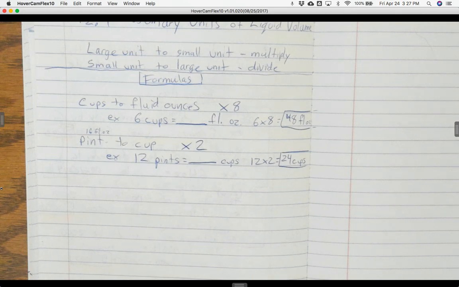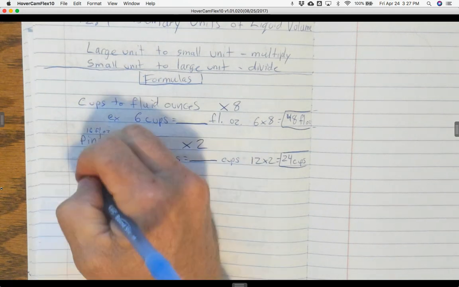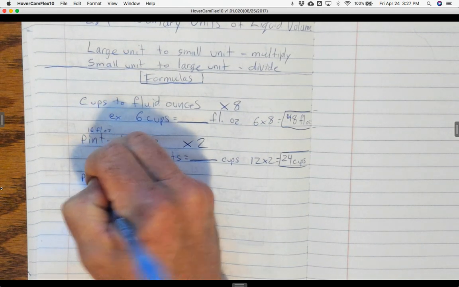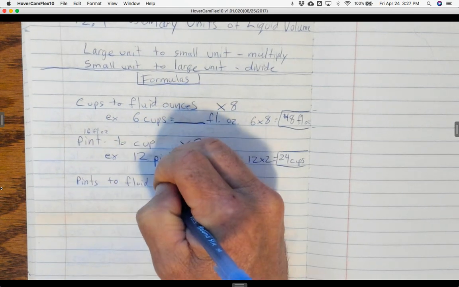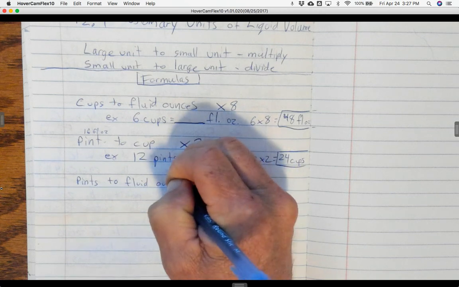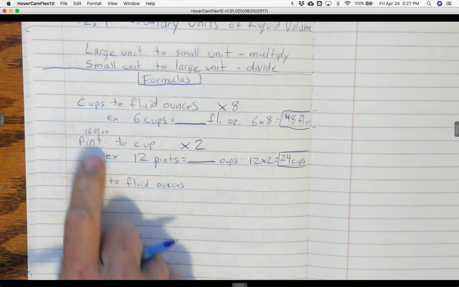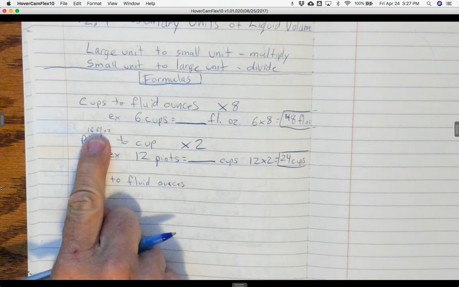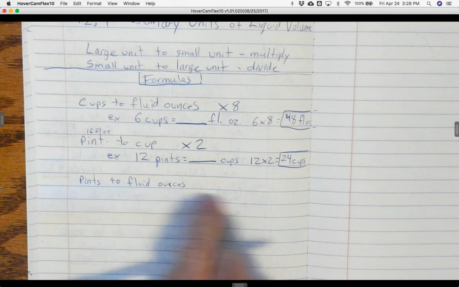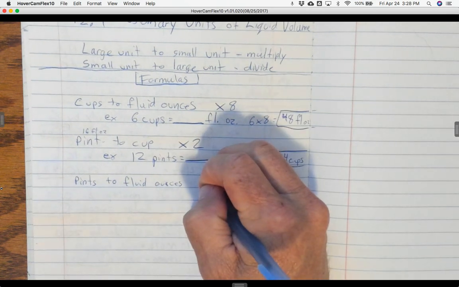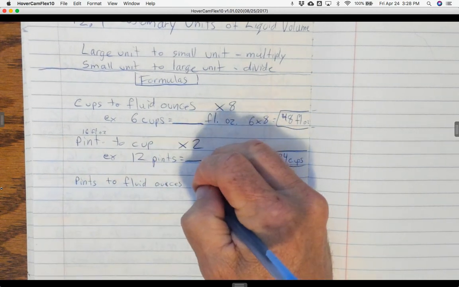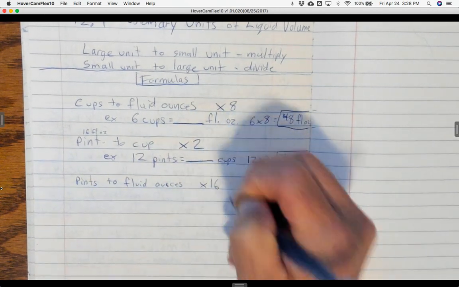Now we're going to move on to pints to fluid ounces. And we talked about just on this last one that a pint is 16 fluid ounces, so that's going to be our magic number for this. We are going large to small again, so that's going to be times 16.